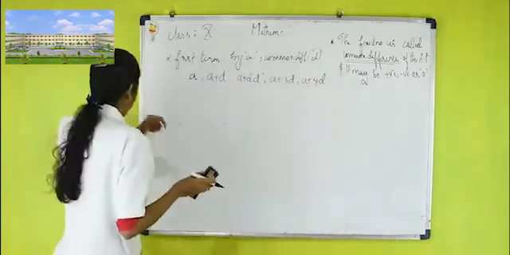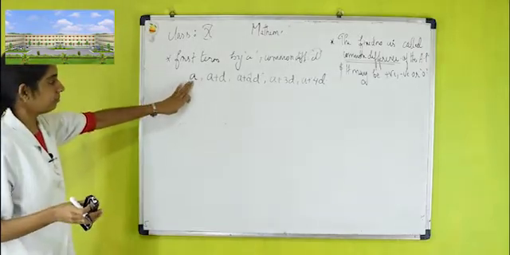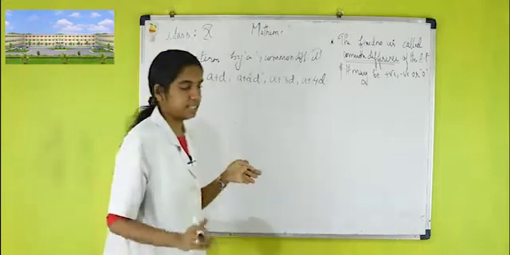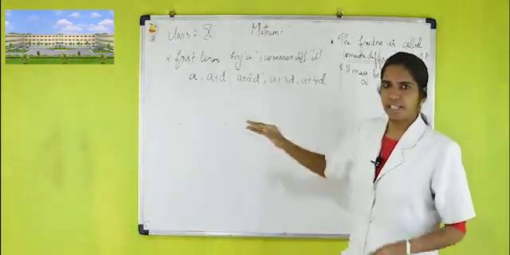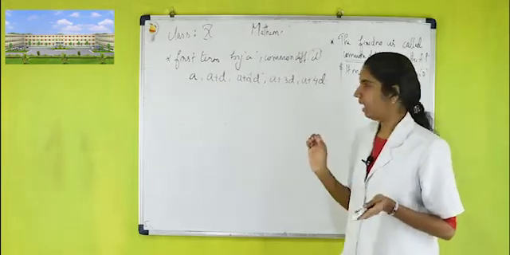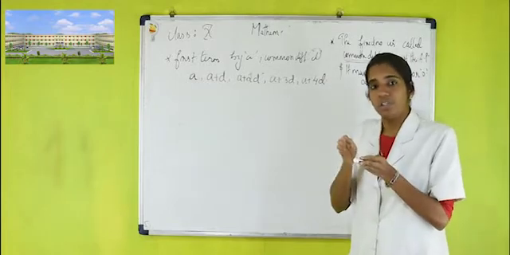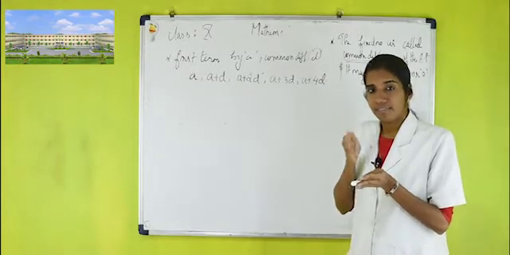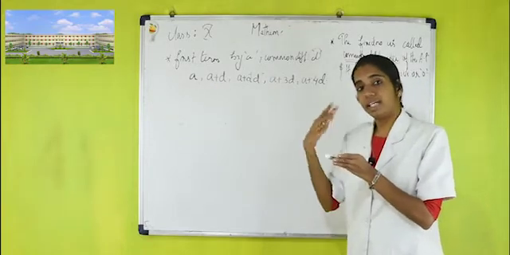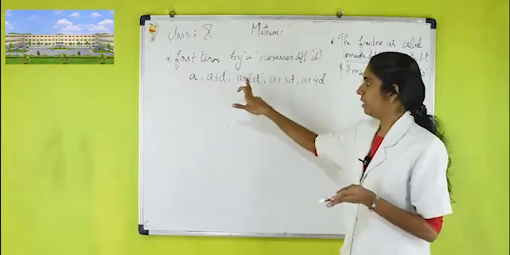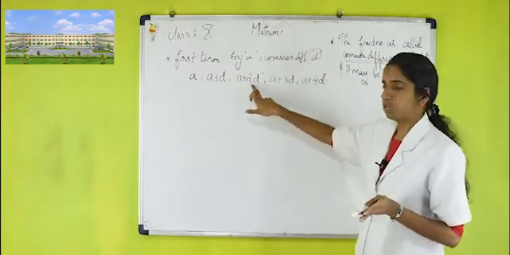So, if the first term is A and the common difference is D, we get the second term as A plus D. Clear? The common difference is the fixed number, so we add that fixed number to the first number, and the second number becomes A plus D. The third number is A plus D plus D, that is A plus 2D.